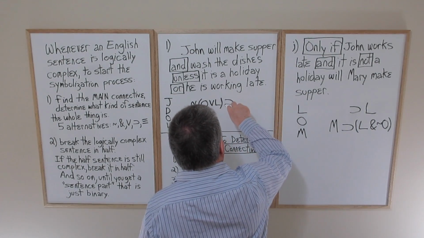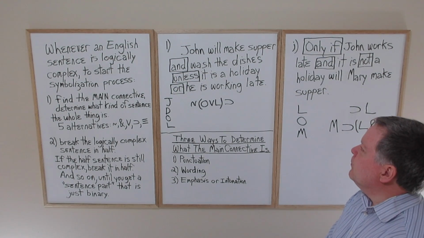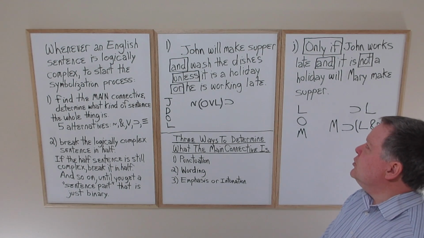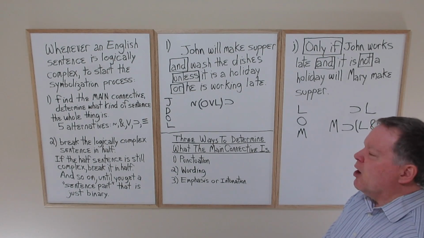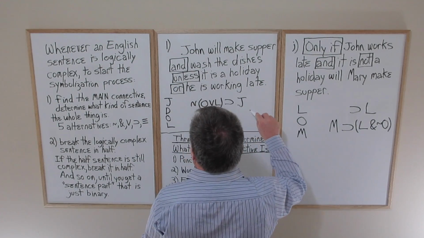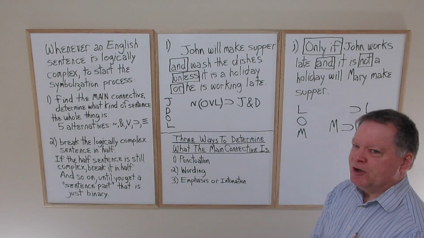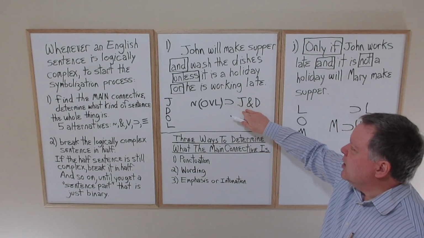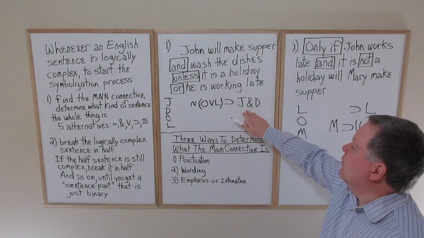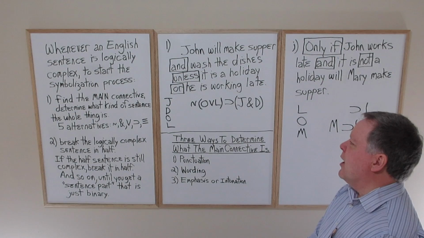Then the other part of the conditional, which is going to be the consequent, is everything before the unless, which is John will make supper and wash the dishes. John will make supper and John will wash the dishes. Once again, we want to keep this conjunction together as the consequent of the conditional, so we'll put brackets like that.